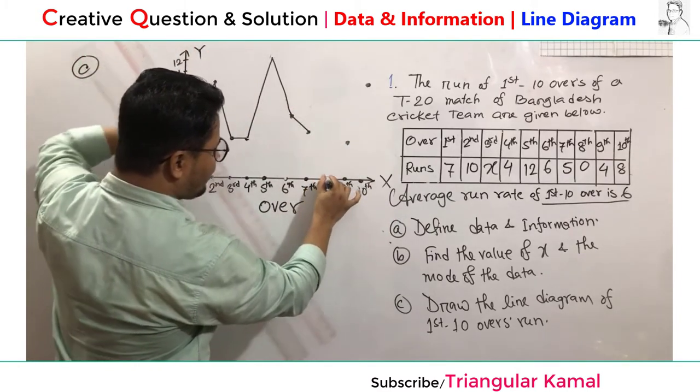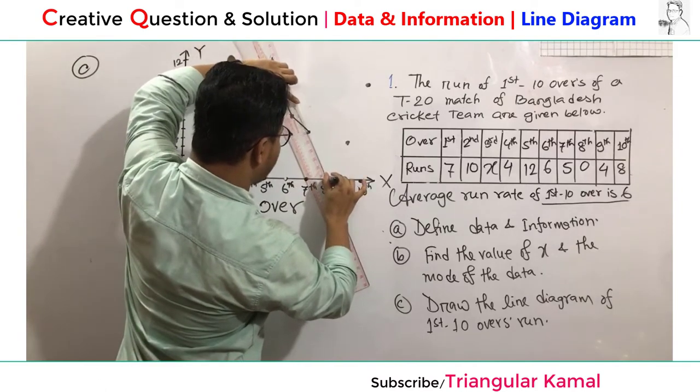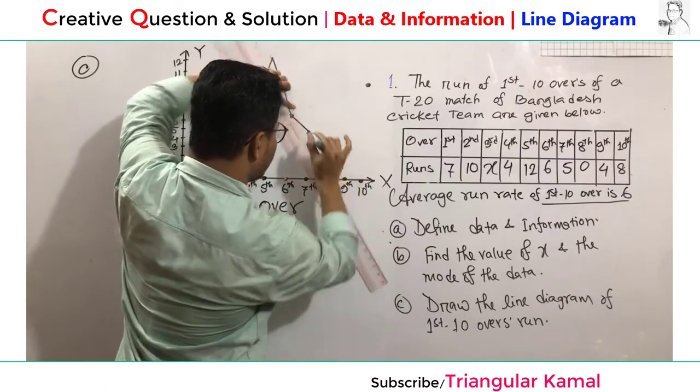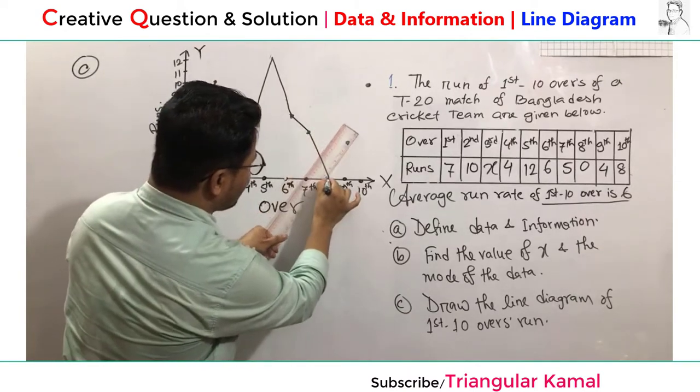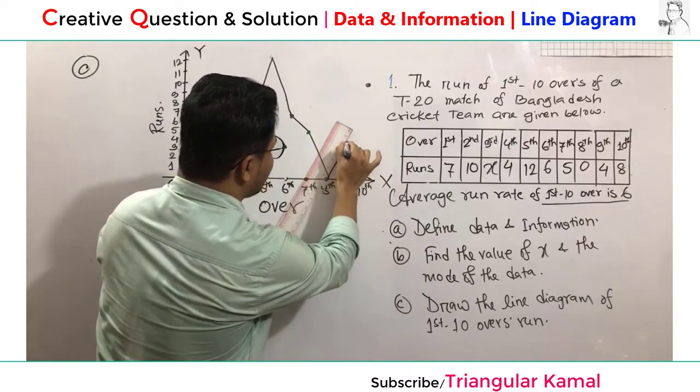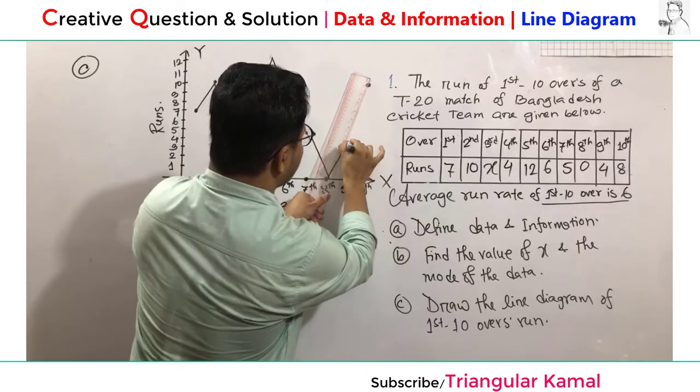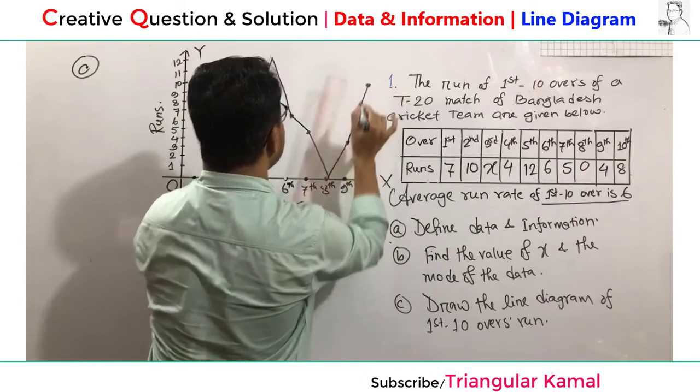The eighth over run is 0, so this will be the lower portion. Then 8 to 9, then 9 to 10. Finally, this is the line diagram.